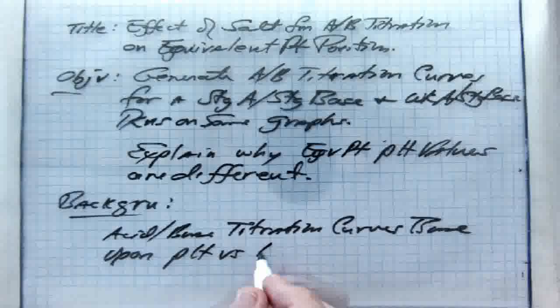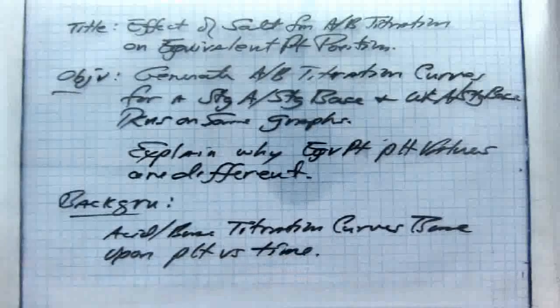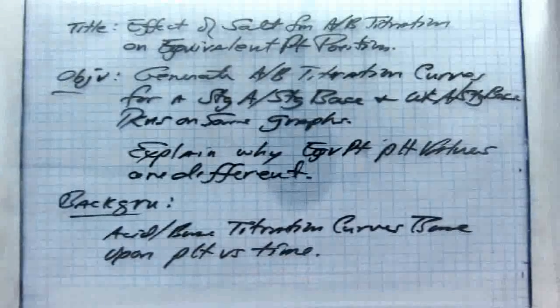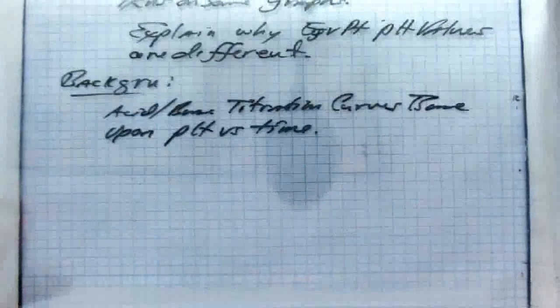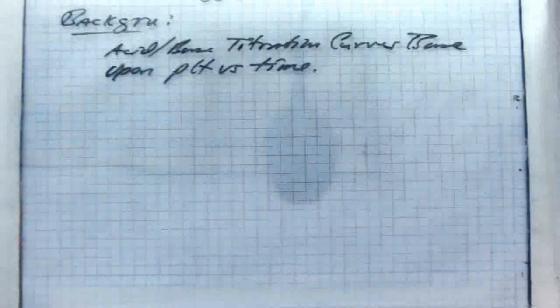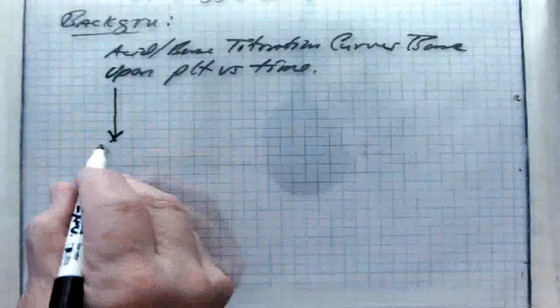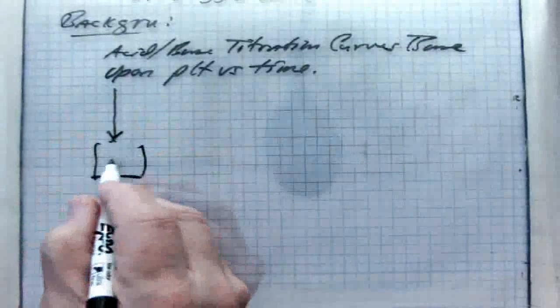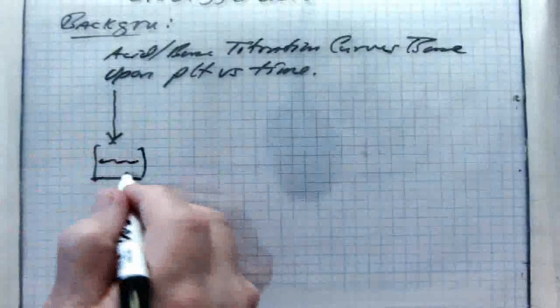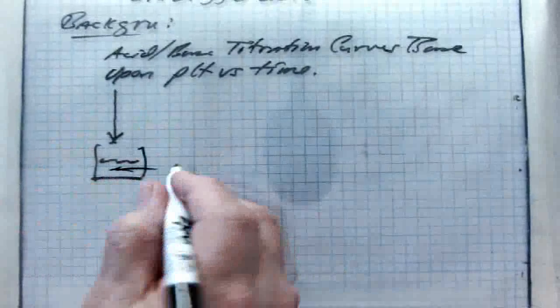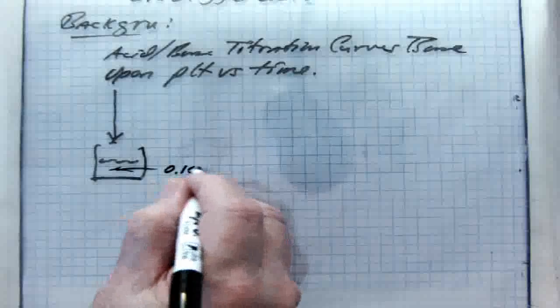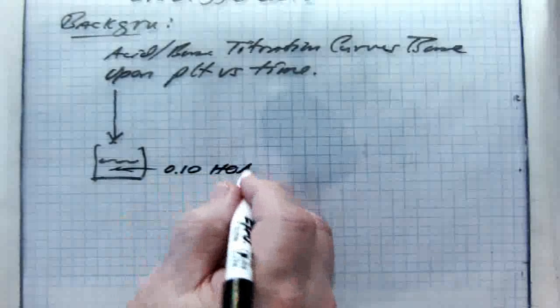Say take a 0.10 molar acetic acid solution, HOAc, and up here you want a 0.05 molar sodium hydroxide solution right here.